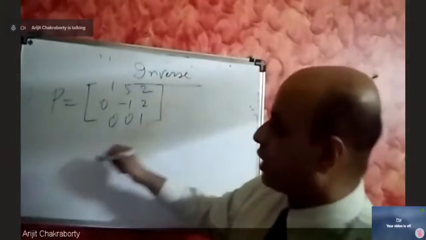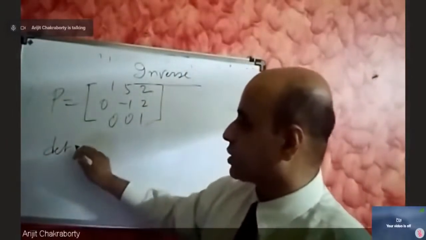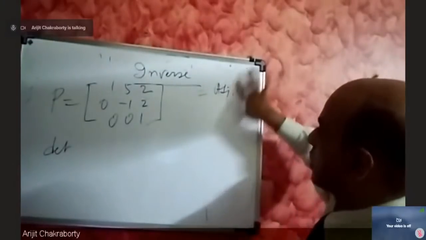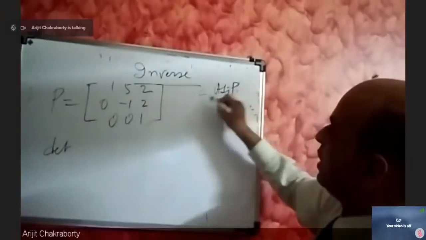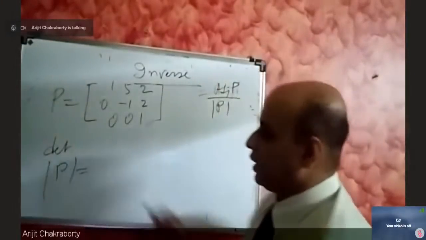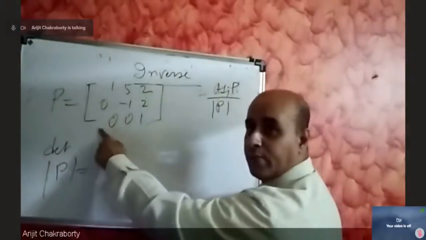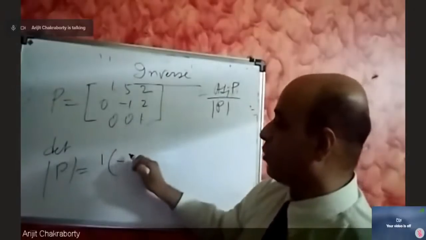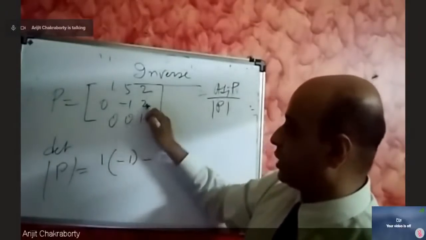The formula of inverse is adjoint P by determinant P. Let us find the determinant of P. First we take 1 into minus 1 into 1, that is minus 1, minus 0 into 2, which is 0.